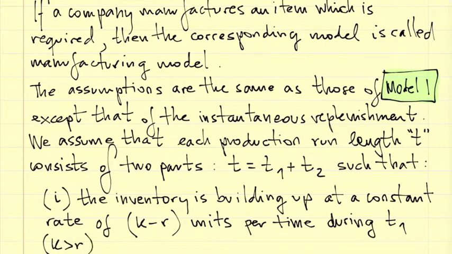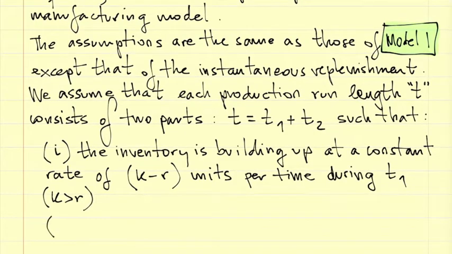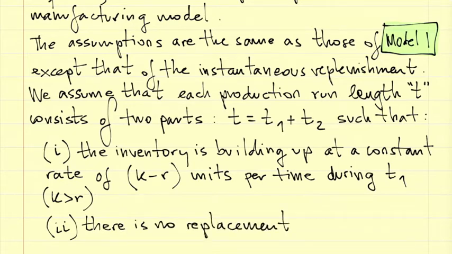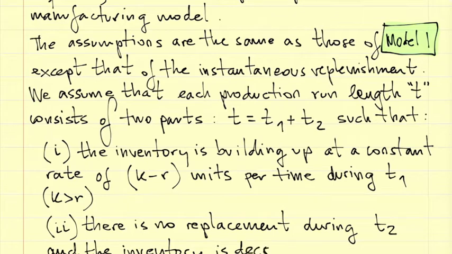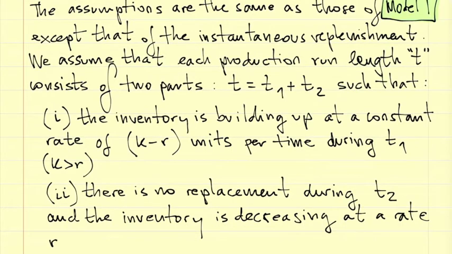We assume that K is bigger than R. And 2, there is no replacement during T2, and the inventory is decreasing at a rate R units per time.